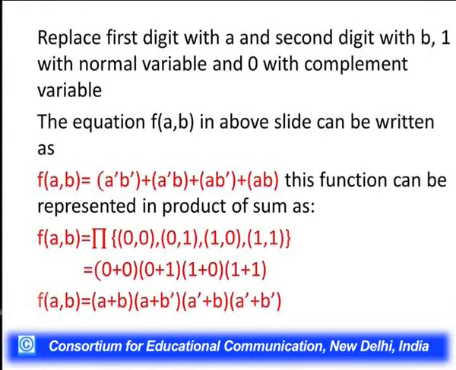So that can be written in product of sum as (0 plus 0) into (0 plus 1) into (1 plus 0) into (1 plus 1). So finally we get the function f(a, b) equal to (a plus b) into (a plus b dash) into (a dash plus b) into (a dash plus b). So we can continue it after a break.